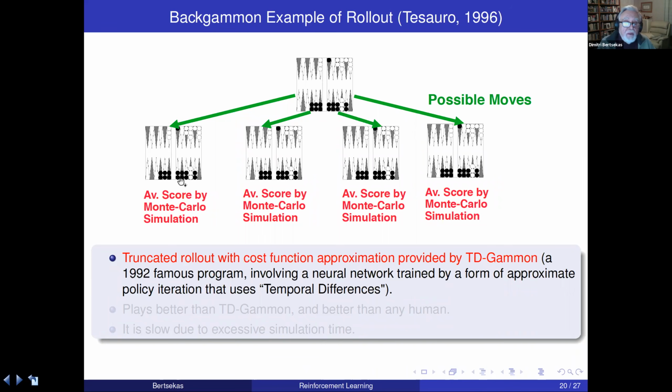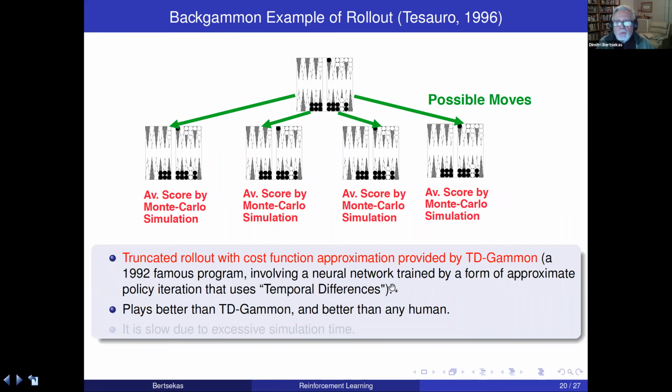Also, because some of these trajectories to finish the game were kind of long, truncation was used at the rollout. And the truncation involved cost function approximation at the end, which was again provided by TD Gammon. Now, TD Gammon played a pretty decent game, not quite at the level of world champion, but close to it.